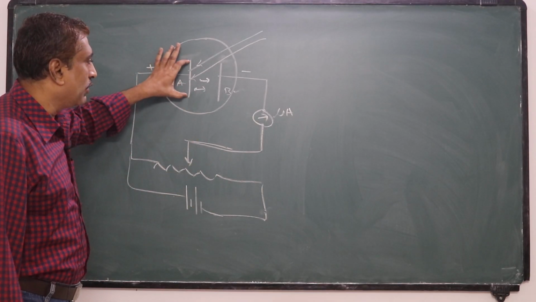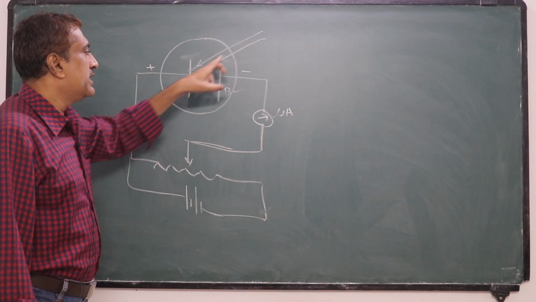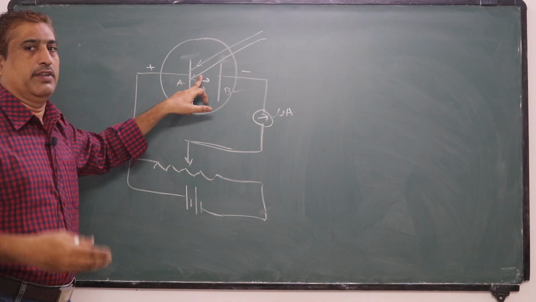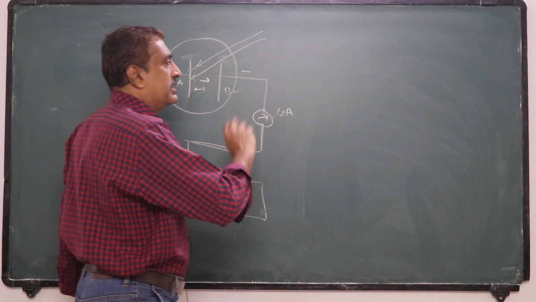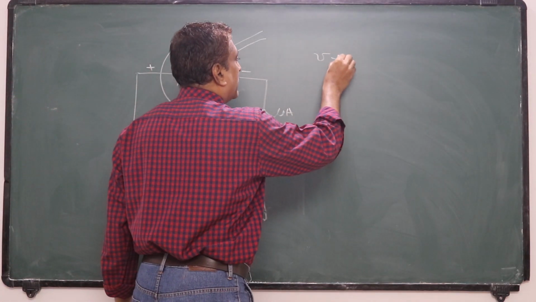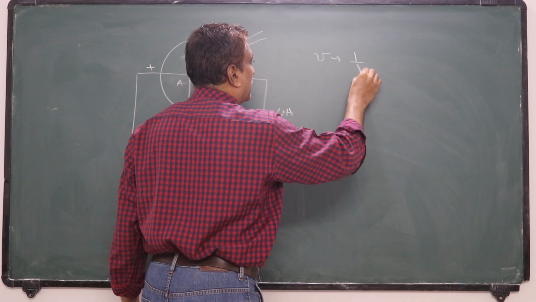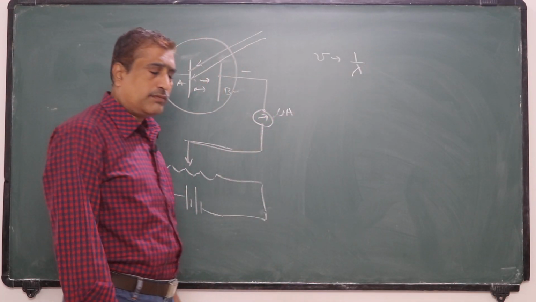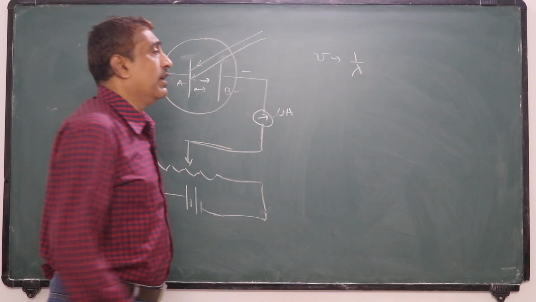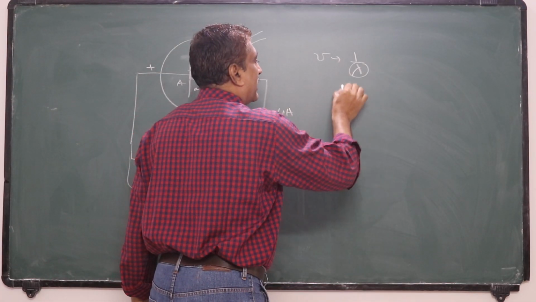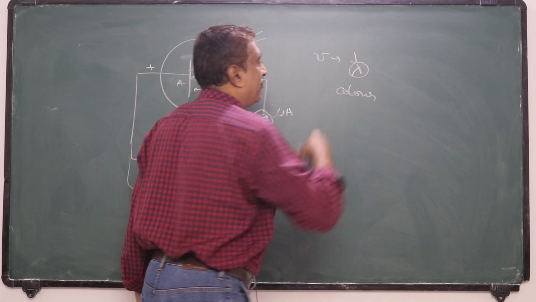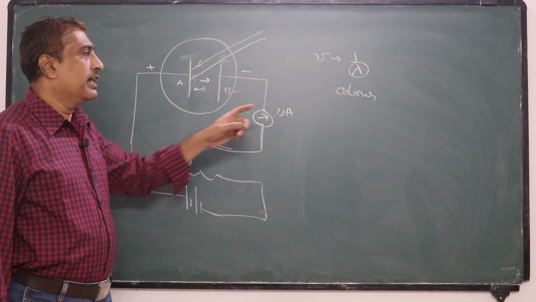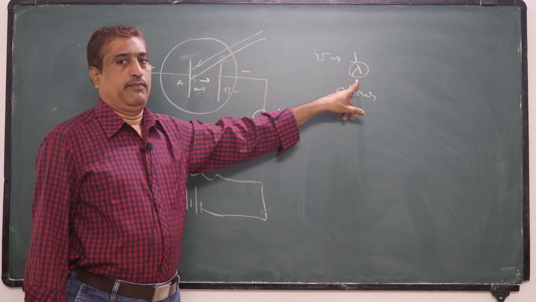So he fixed this photometal and made light of different frequencies incident. That means if we consider visible light, frequency is inversely proportional to wavelength, as we know. Now the wavelength means the color of light, as you know. So in visible light, wavelength refers to color.